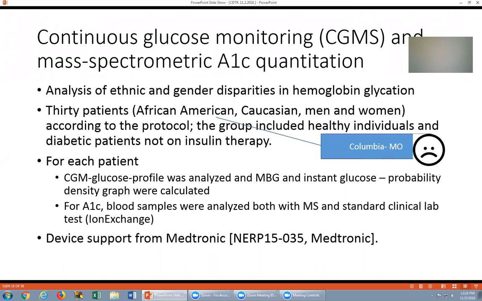The study was designed to be done at the University in Columbia, Missouri. We were looking for African American, Caucasian, and men and women, so a small group. We were looking for 40 patients, 10 in each subgroup. We ended up with only about 30 patients. And can somebody guess why we ended up with only 30 patients?